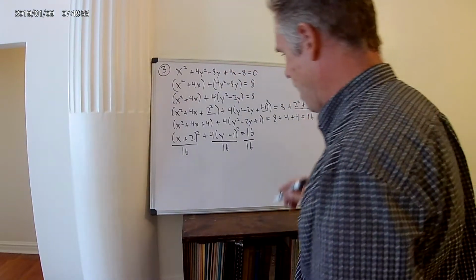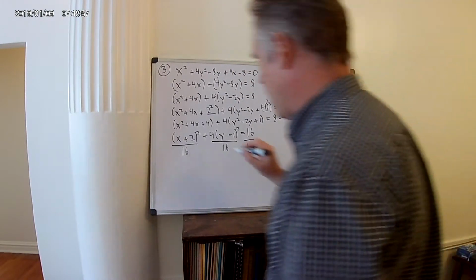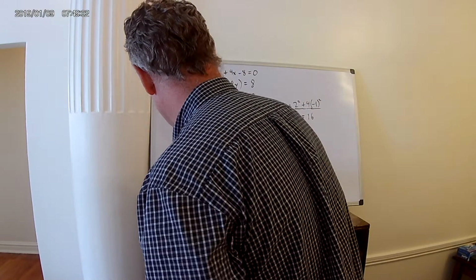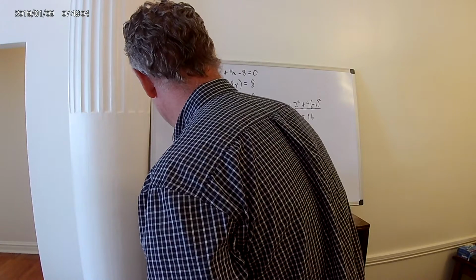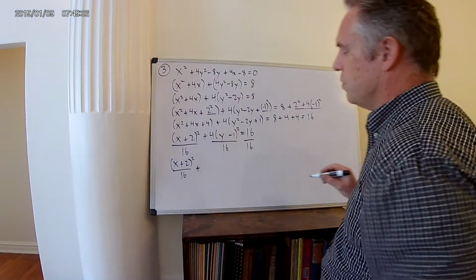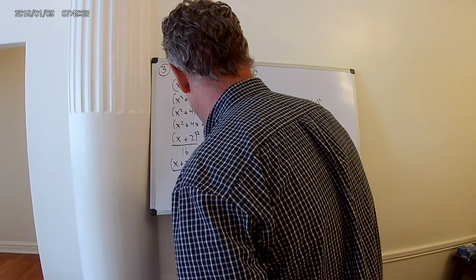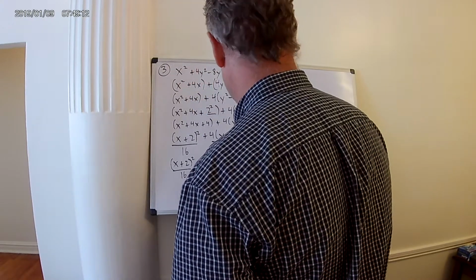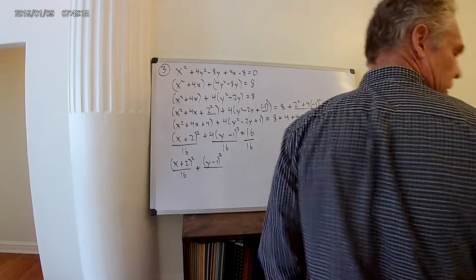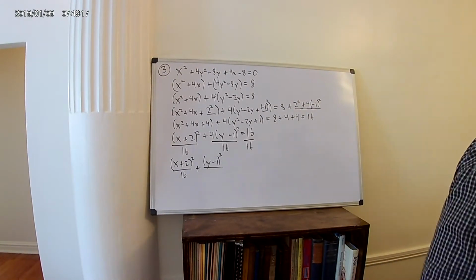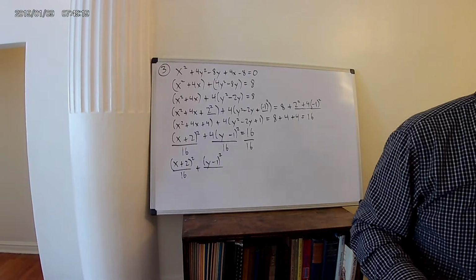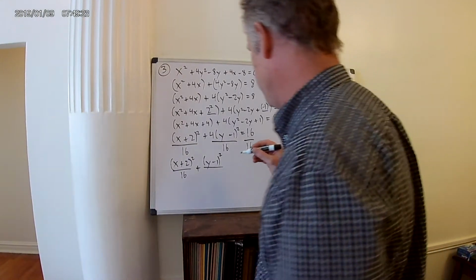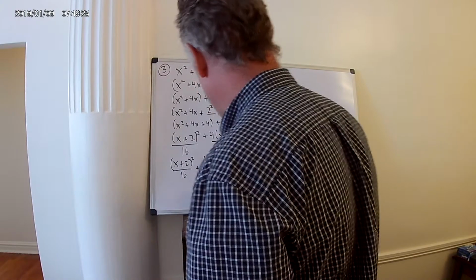We have enough room here to graph this. And if we do that, we get x plus 2 squared over 16. Now here we have a 4 over 16, so that gives us 1 over 4, y minus 1 squared over 4.